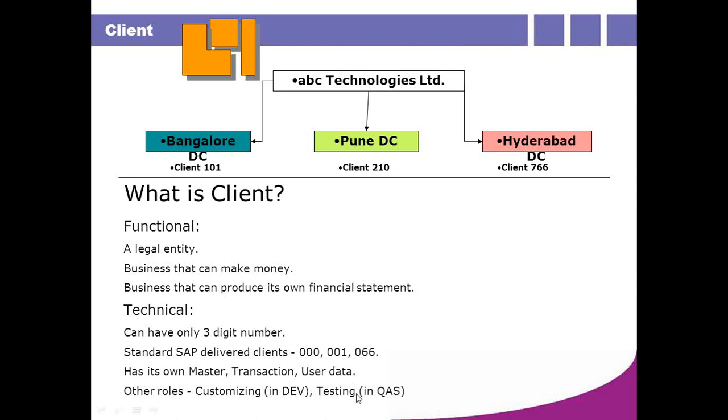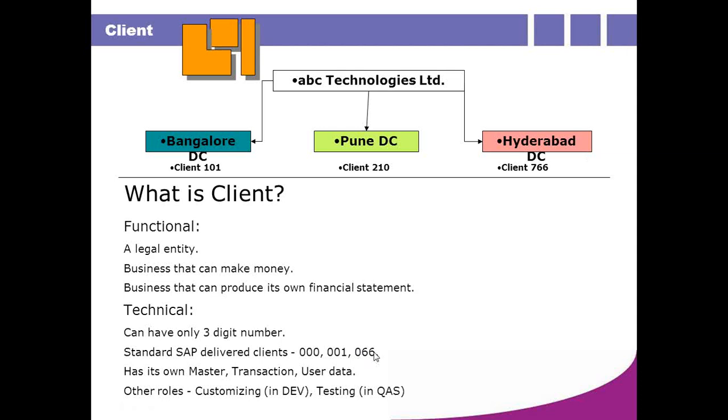And 066 is the early watch client. It is for SAP purposes only. We never use this. Whenever SAP wants to log in to a system, they will use this client. Yearly once or twice SAP will log in to your system and do a lot of things, like generating early watch reports.